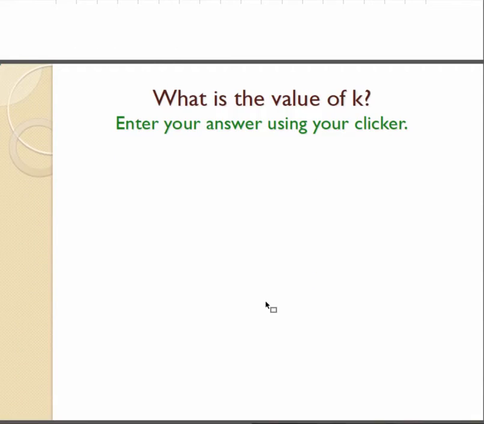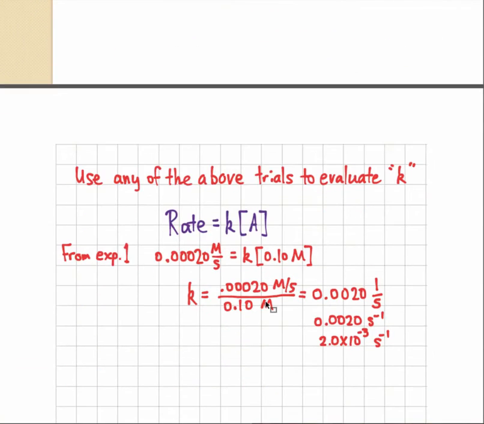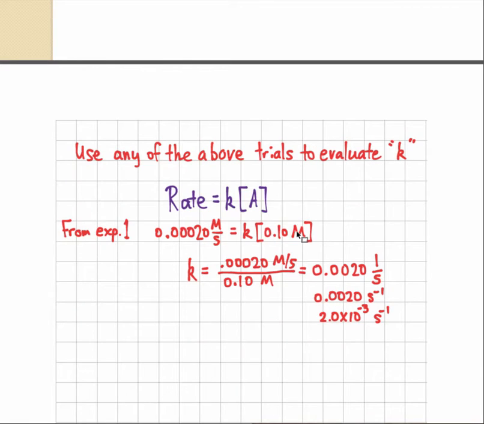Did I do that? Oh, here we go. So the value for k would be 0.1 molar for A concentration, 0.0002 molarity per second for the formation of C, a measure of the reaction rate, and therefore solve for k, keeping careful track of the units. The molarity here cancels the molarity here, and I'm left with 1 over seconds, or 1 over time, for the units on the first order rate constant.